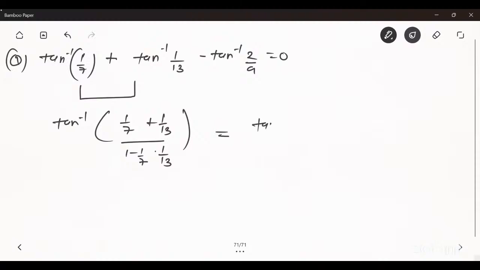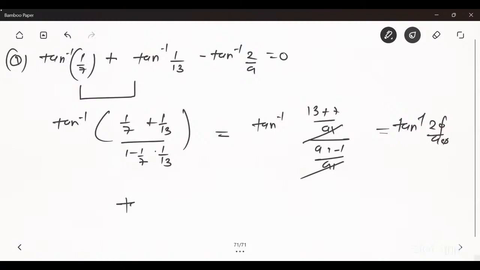On solving, the LCM of 13 and 7 is 91. So tan inverse of 13 plus 7 upon 91 minus 1 upon 91. So 91 will be cancelled and you will get tan inverse 20 upon 90. Now cancel these two. So you will get tan inverse 2 upon 9 minus tan inverse 2 upon 9, which is equal to 0.